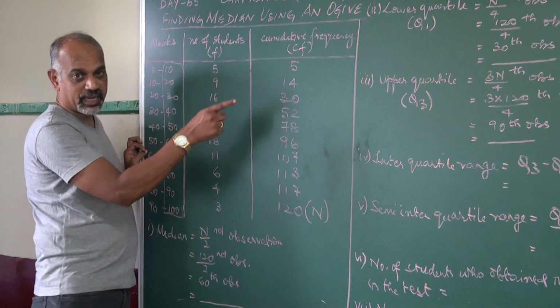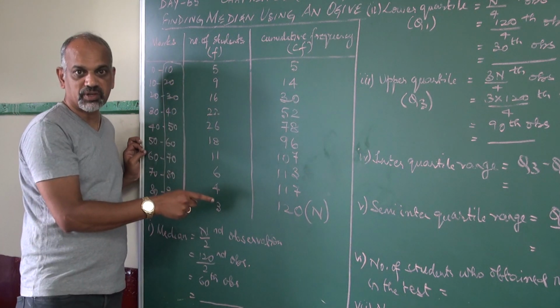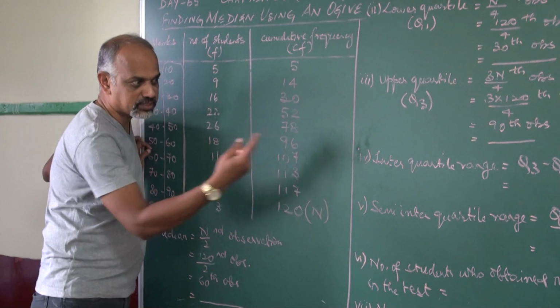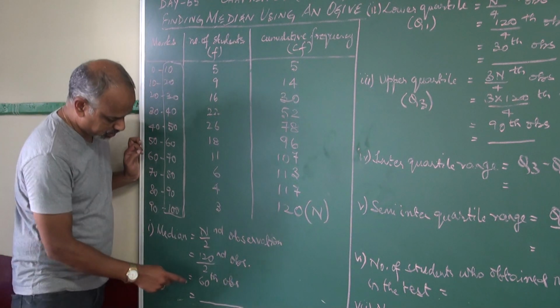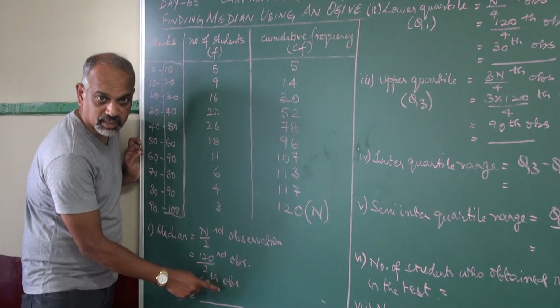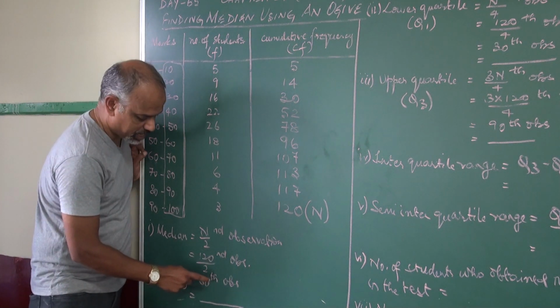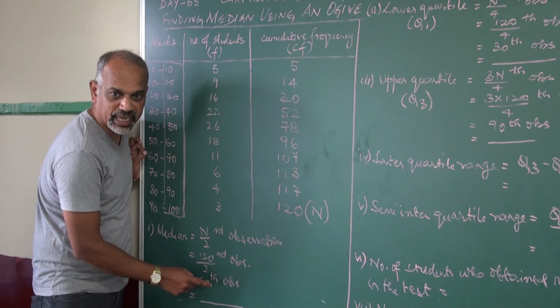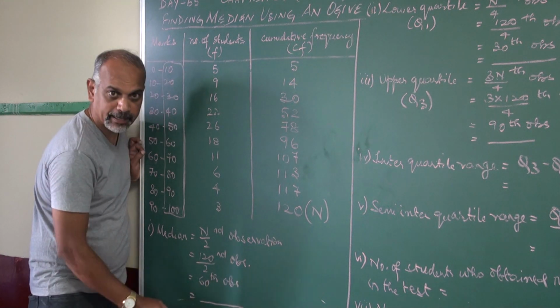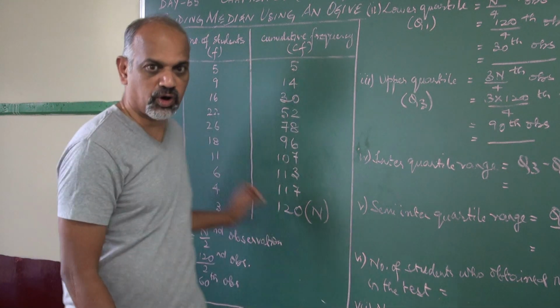So on the graph, the y-axis is the cumulative frequency and the x-axis is the marks. So the 60th observation is the cumulative frequency that you are going to look for on the graph, and whatever value you get is the median.